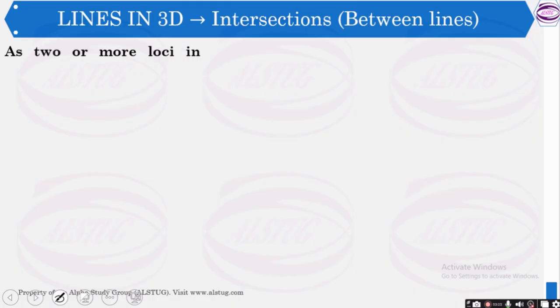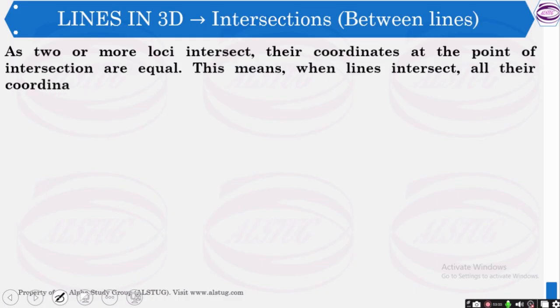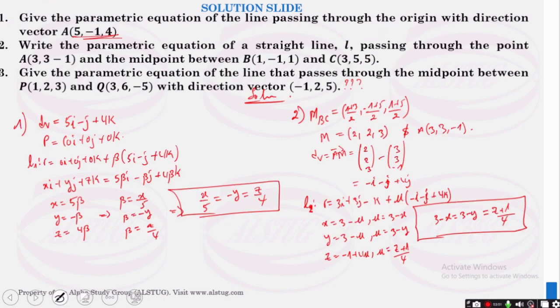Intersections between lines. Well, apparently we still had something to do. As two or more loci intersect, their coordinates at the points of intersection are equal. This means when lines intersect, all their coordinates x, y, and z are all equal. In the previous example, one of the major objectives was for us to be able to figure out the different coordinates.